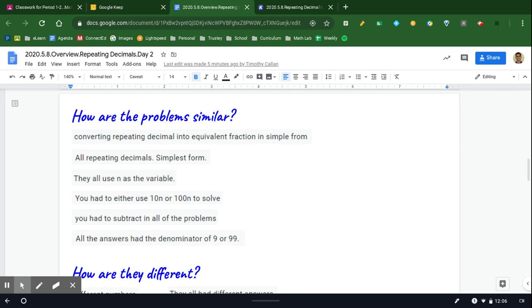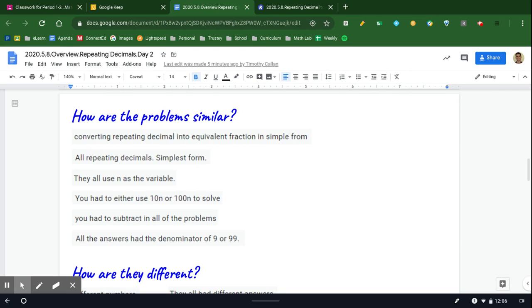But we'll use n. Now, I like the next few. You had to either use 10 n's or 100 n's, and you had to subtract in all the problems. Those people are really getting towards the step-by-step instructions, so I love seeing those similarities. Meanwhile, all the answers had a denominator of 9 or 99. I noticed some people saw some patterns, but that's not always going to be the case.